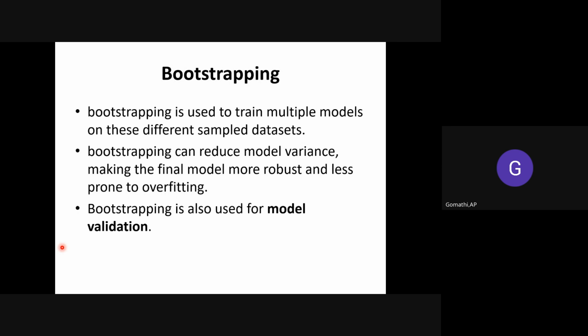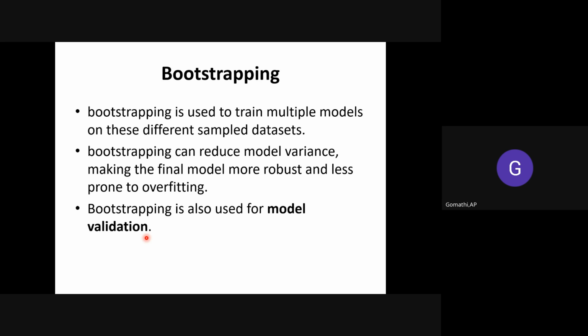Also, the main concept is that bootstrapping is also used for model validation. For model validation, bootstrapping is a very important one. When the data size is limited, bootstrapping can provide an alternative to cross validation by creating multiple bootstrap samples.